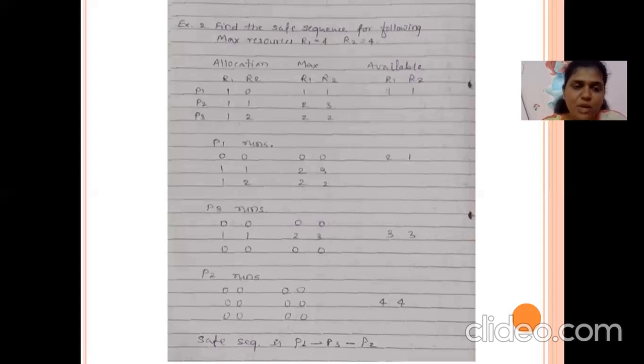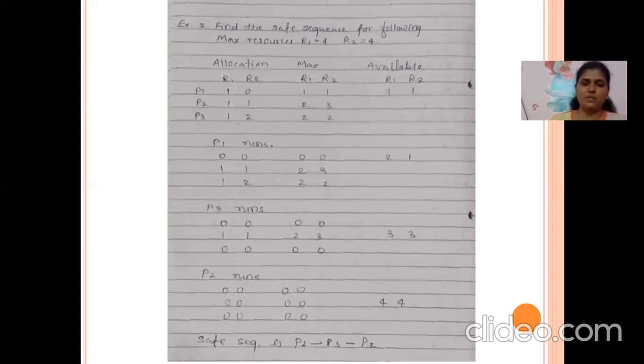If we execute in the sequence P1, P2, P3, then P2 cannot be executed, and hence P3 may not be executed, and the system goes into deadlock. So this way we identify the safe sequence in which, if processes are executed, the system gets relief from deadlock. It will not be in the unsafe state.